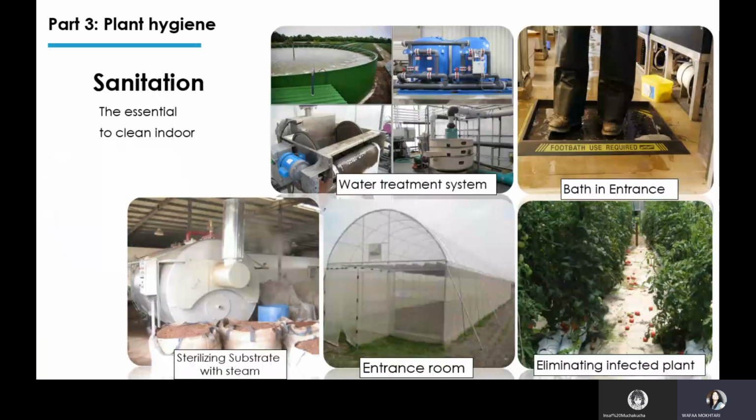For sanitation, the most important thing to know and the essential things to clean indoors are water treatment systems, and there are different water treatment systems. It goes from chlorination, to filtration or other filtration. Whatever filtration you may use is a water treatment system. Bath at the entrance.